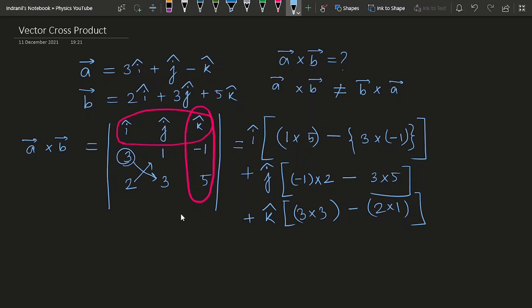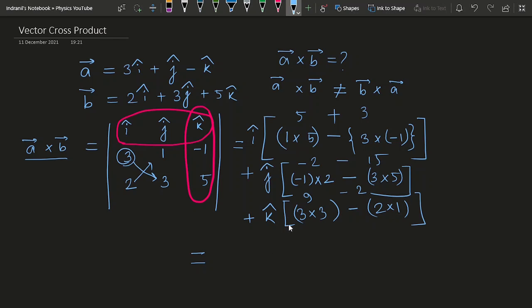So what have we got? We have got the value of the A cross B vector. Just simply calculate. It is 5, and minus minus becomes plus 3, so 5 plus 3, then -2 minus 15, and then 9 minus 2 into 1, which is 2.